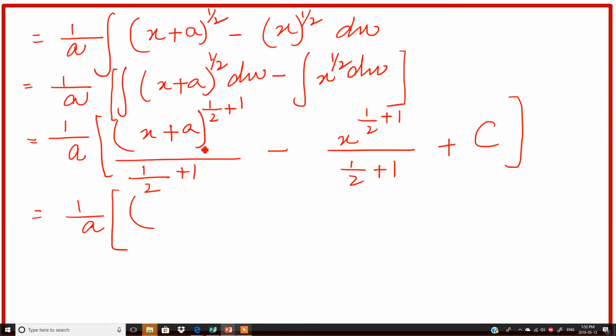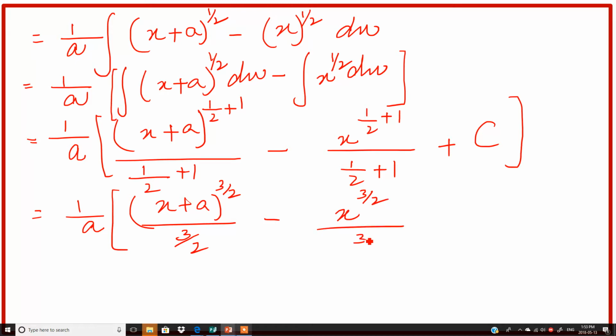If you want you can multiply, but it is fine here. It multiplies this term and this term both. x plus a to the power 3 over 2 divided by 3 over 2. We are adding the exponents, so 3 over 2 plus c. In one more step, it will be 2 over 3 because this is the reciprocal.